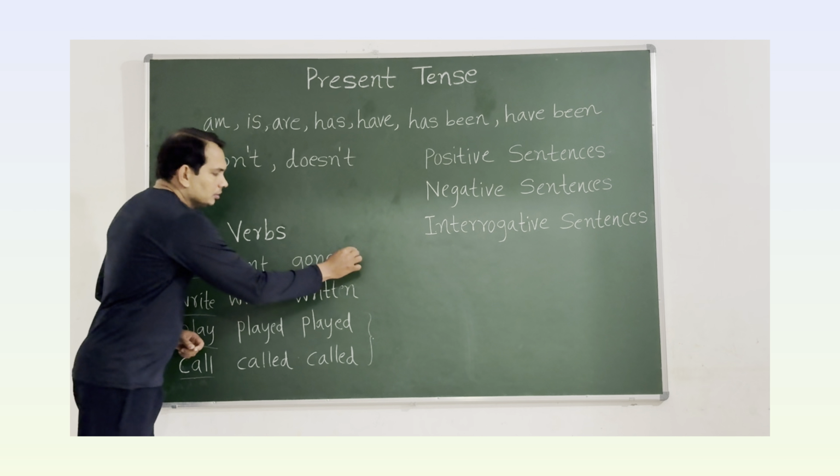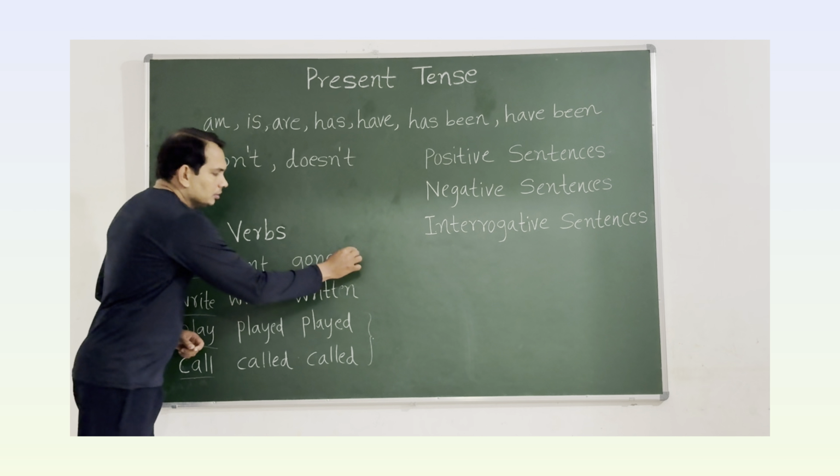Do you know what form of the verb is used in the simple present tense? If you don't know, I will tell you. In the simple present tense, we use V1 or the first form of the verb. Present form of the verb we use. That is go.